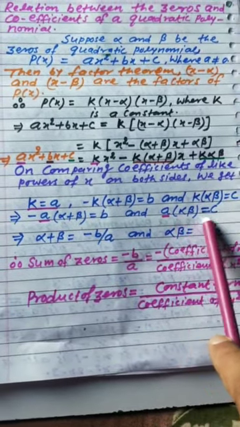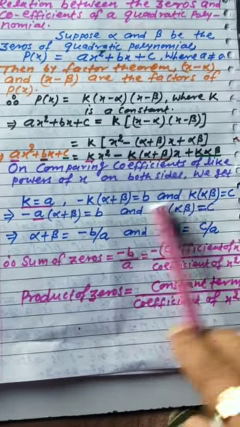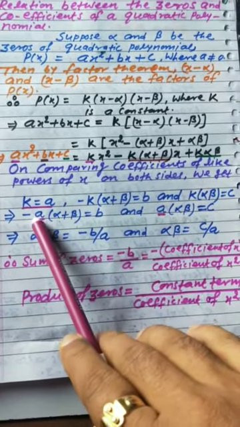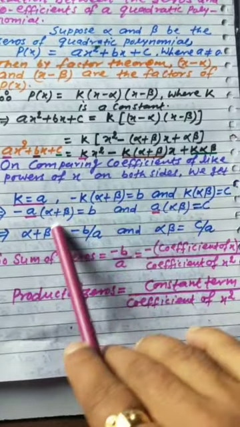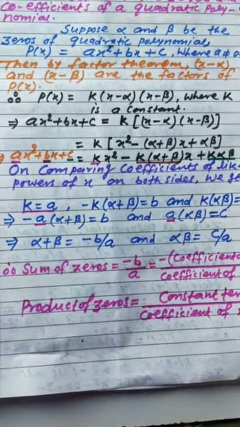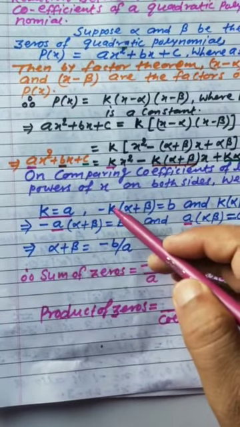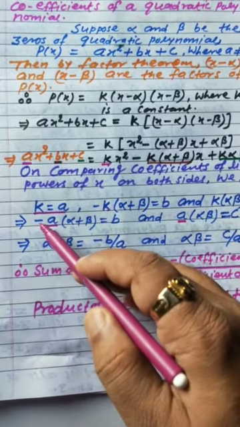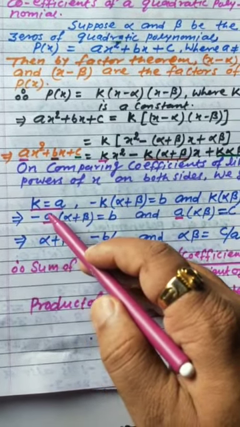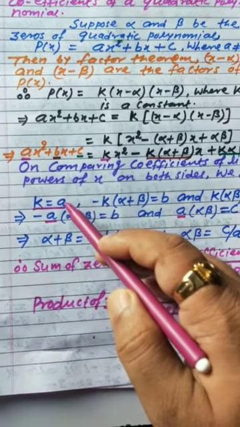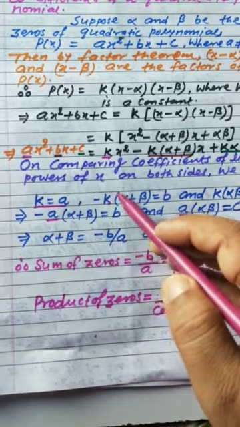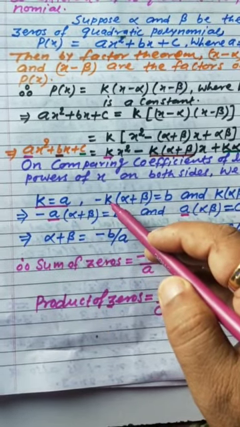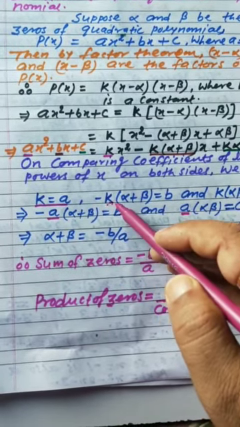So now, in this minus k alpha plus beta, we put the value of k, which we have put as a, minus is already there, and the value of k is equal to 1 in this. From this we have written this equation.